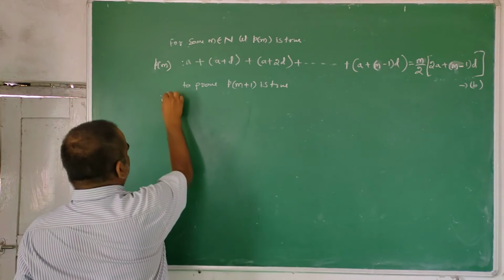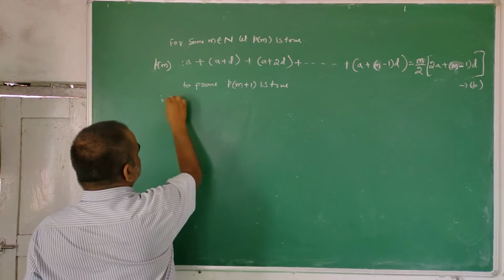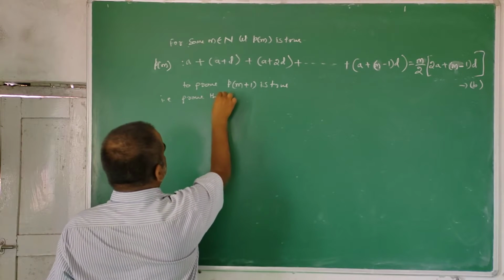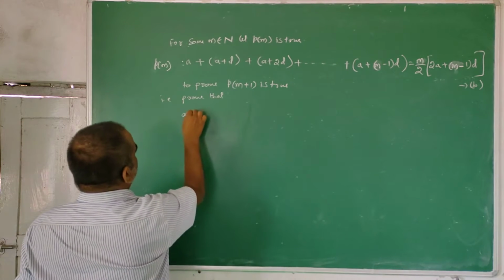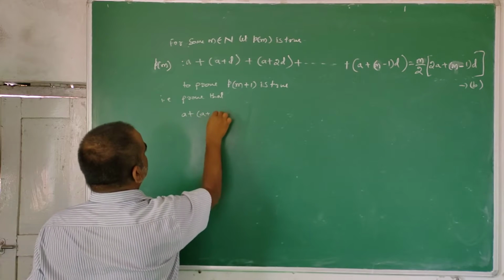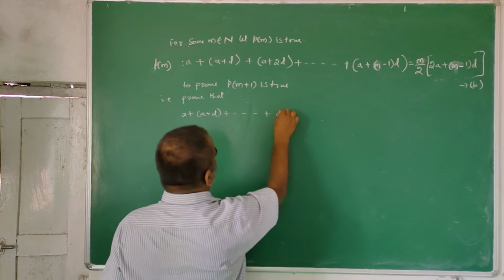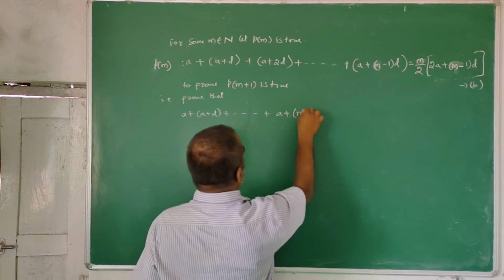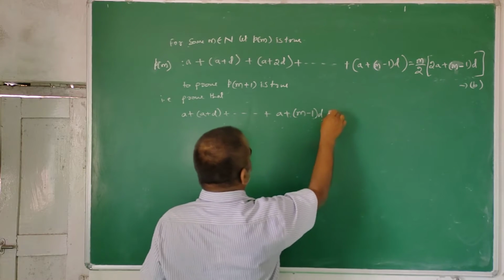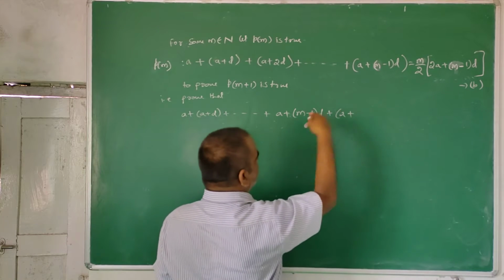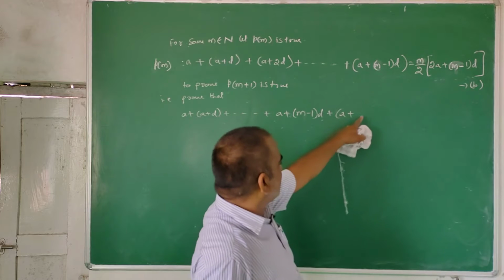That is, to prove that a plus (a plus d) plus so on plus (a plus (m minus 1) into d) plus a plus, the next successive term we are writing.